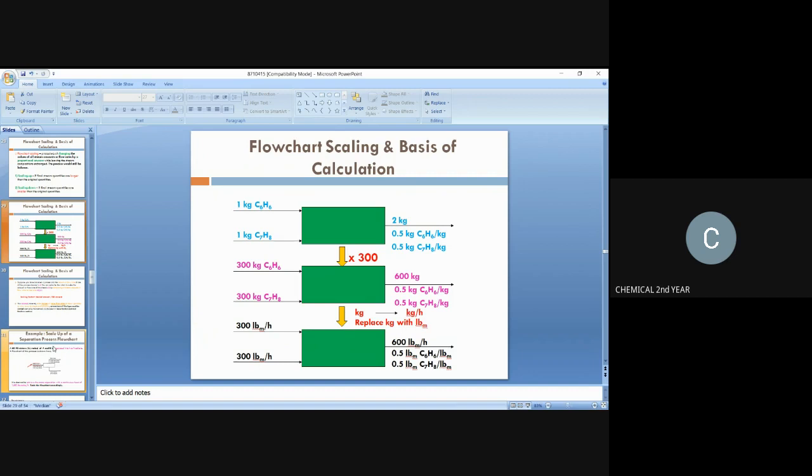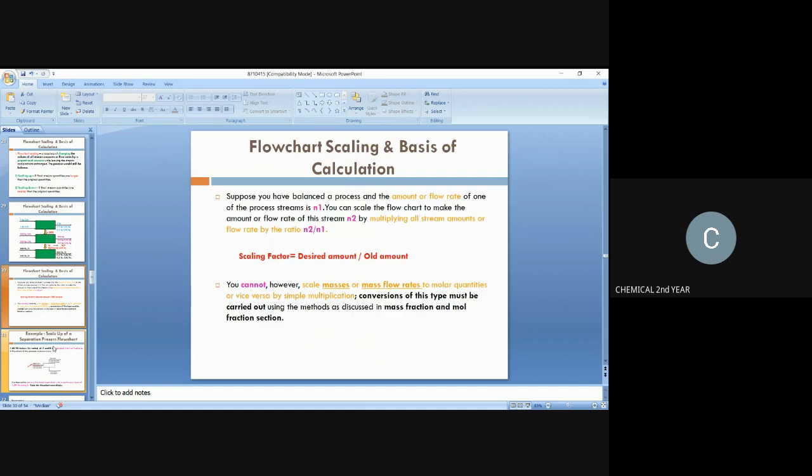Multiplied by 300, that means 300 kg of C6H6 and 300 kg of C7H8, which gives 600 kg, still containing 0.5 kg C6H6 per kg and 0.5 kg C7H8 per kg. If we replace kg with kg per hour, it will be converted to 300 lbm per hour, and the product is 600 lbm per hour.